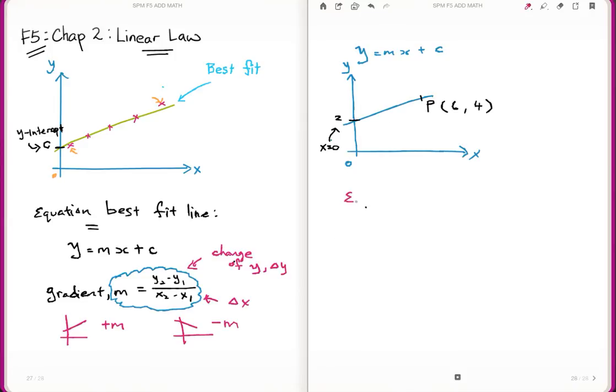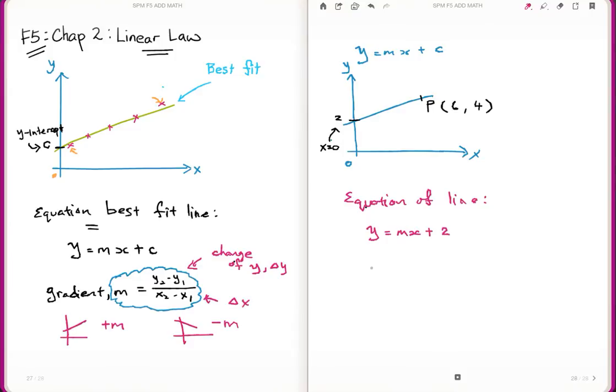In order to get the equation of the line, you know the y-intercept, you know a point. All you need to do is substitute into the equation y equals mx plus c. Your c would therefore be 2.